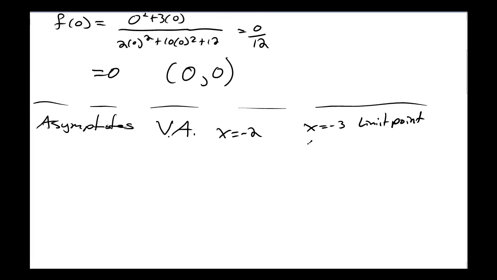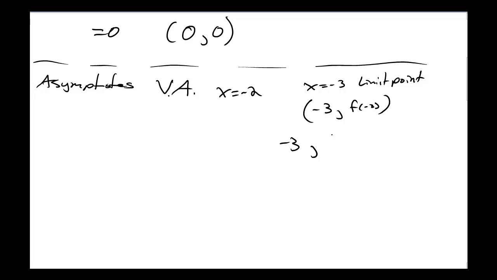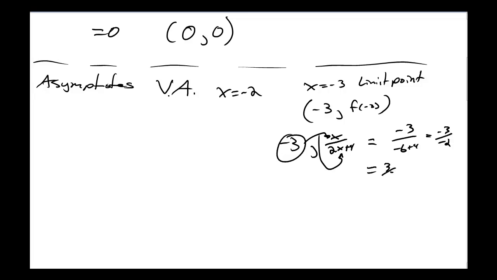And that limit point is going to have a very particular place. It's going to be at negative 3, f of minus 3. If I plug negative 3 into my simplified equation up here, which is just x over 2x plus 4, I'm going to get negative 3 over negative 6 plus 4, which is negative 3 over negative 2, which is just 3 halves.